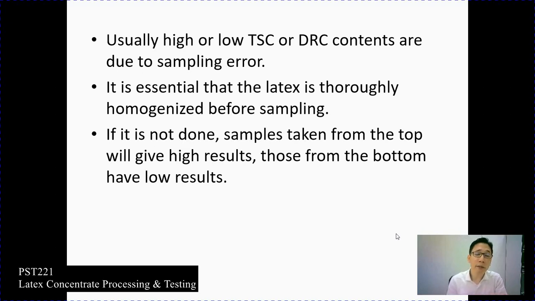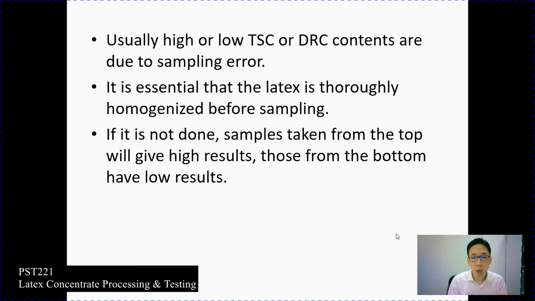If you take a sample on the top of the bottle, you will pick up significant amounts of rubber, so it will lead to higher values of TSC. If you take the bottom samples, you will have a low value of TSC.